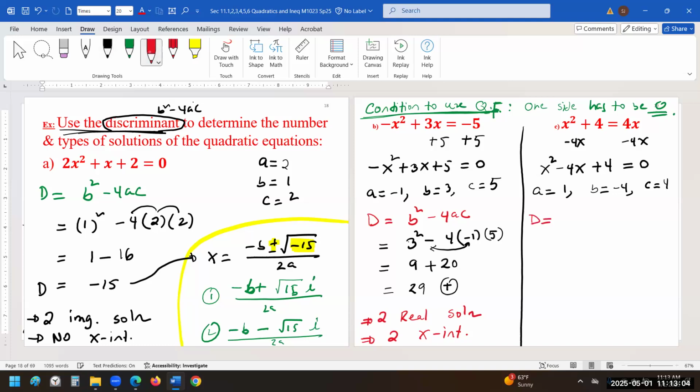So the discriminant is B squared minus 4AC. That will tell us. Wait, B squared, what is our B? So it's negative 4 squared, minus 4 times. What is negative 4 squared? 16.